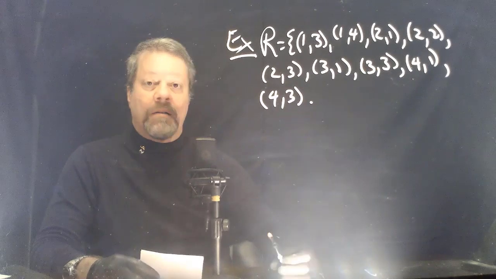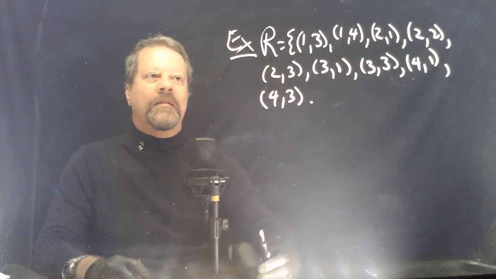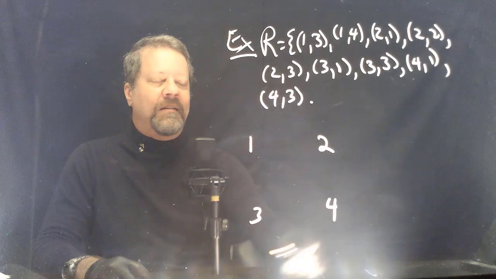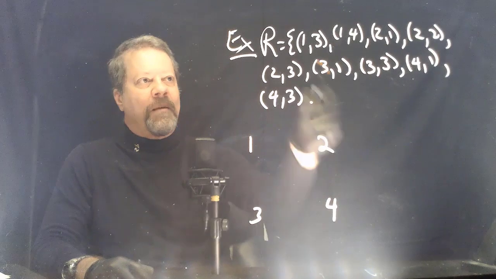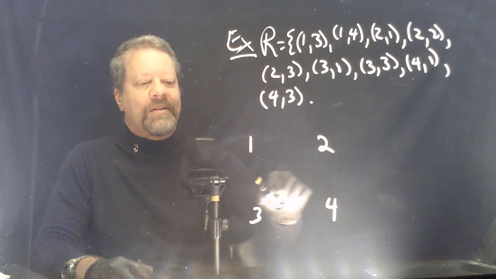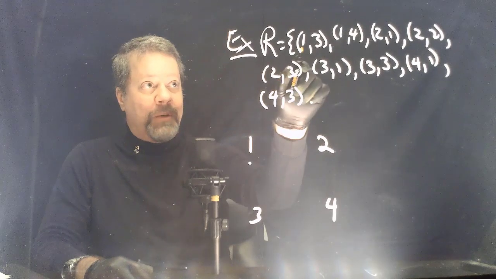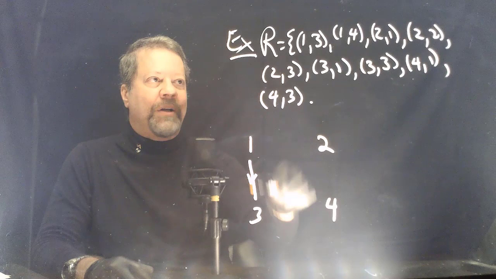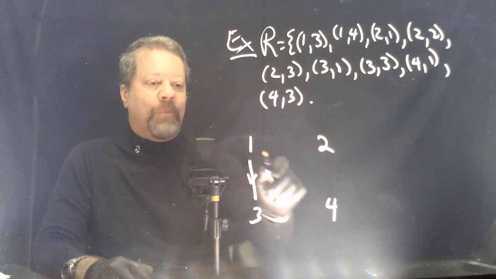The coordinates are numbers 1 through 4. We'll draw these nodes in any random places in the plane like this. Now 1, 3 is going to be an edge. So we'll have the initial point at 1, the terminal point at 3. That gives us an edge going from 1 to 3. There's also one from 1 to 4.